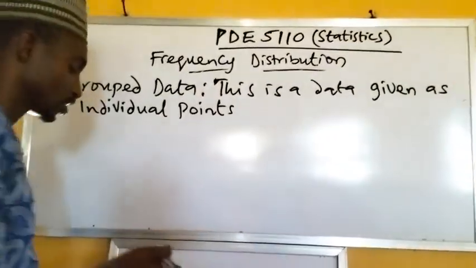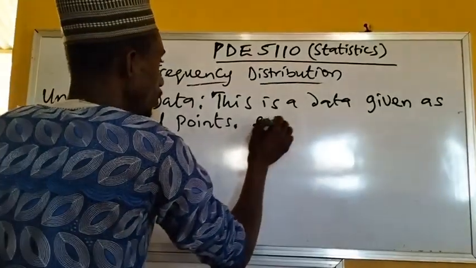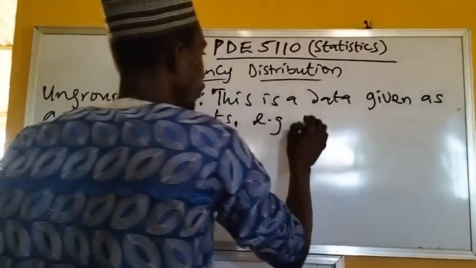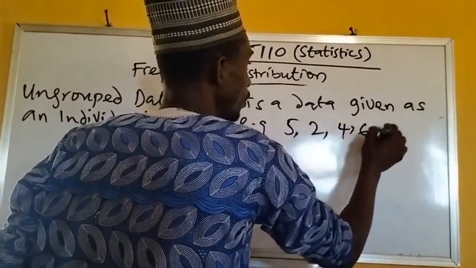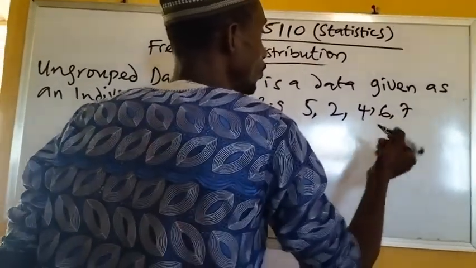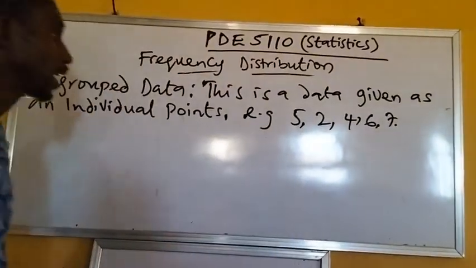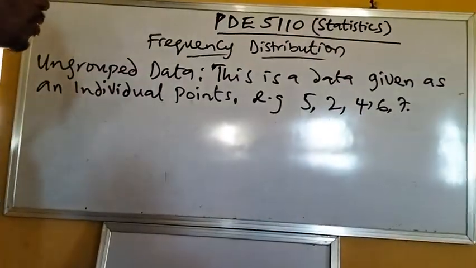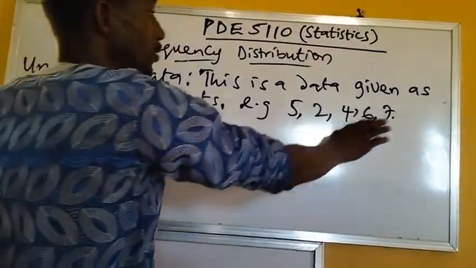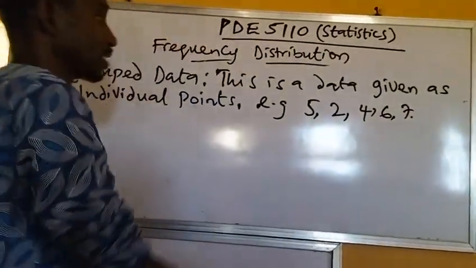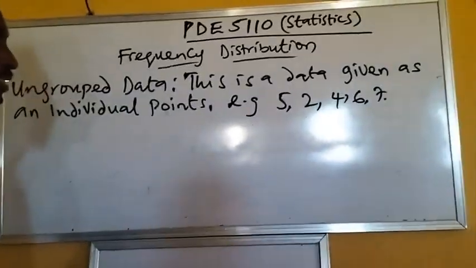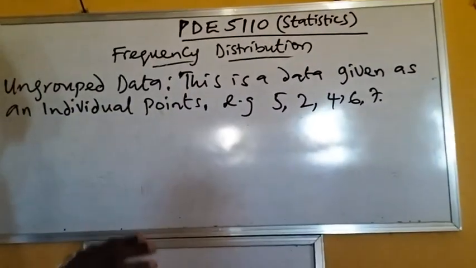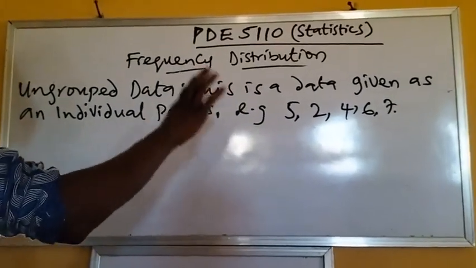So they are single points. For example, we have something like 5, 2, 4, 6, 7. This is an ungrouped data. We only have individual figures, so they are not representing any class or any category.